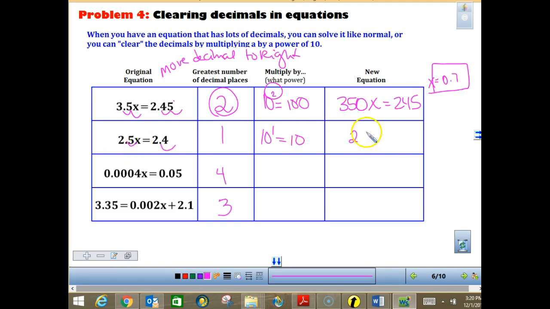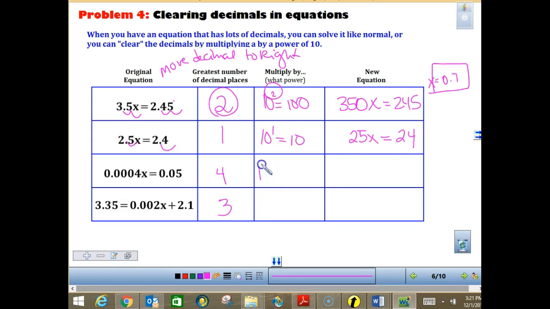It's now going to be just 25x. So we're going to move it over 1 place and 1 place here. So 25x equals what? 24. We're not solving these, we're just writing the new equation.